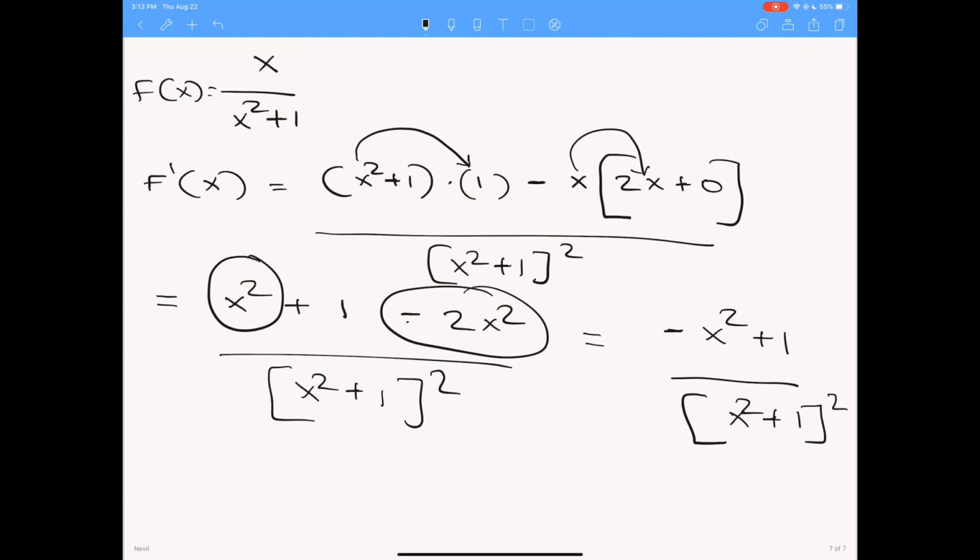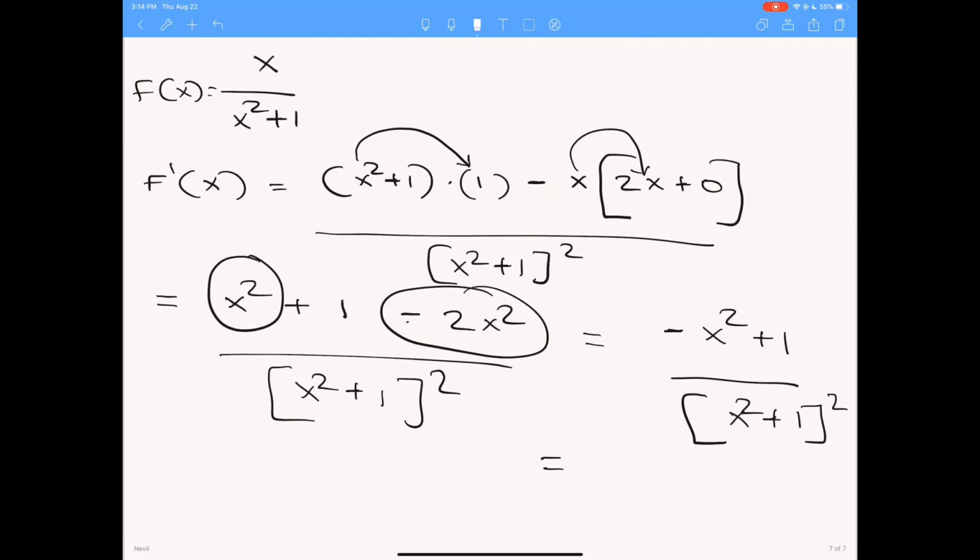If you want, you are allowed to rewrite this by taking out the negatives, which could give you a change. But in this situation, if you stop here, this is still the answer.